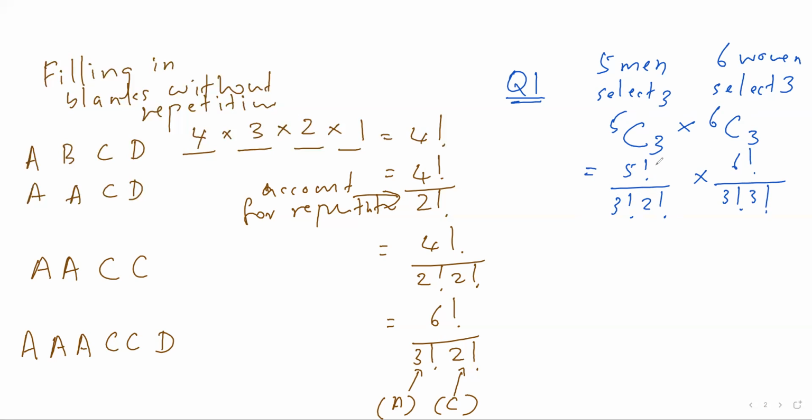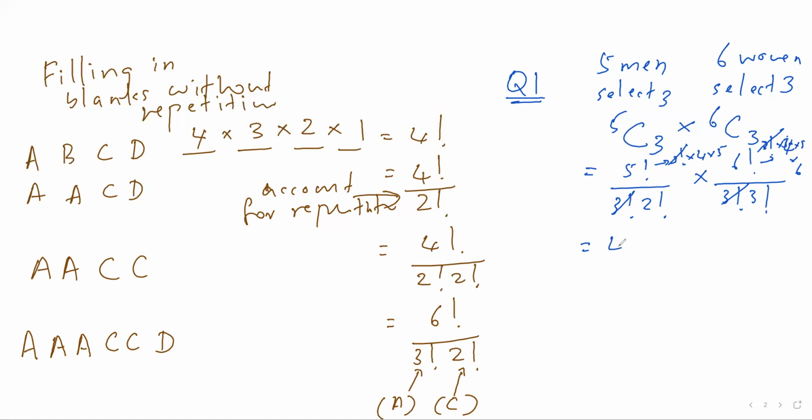Again, I would like to write this as 3 factorial times 4 times 5, and this as 3 factorial times 4 times 5 times 6. Okay, so this cancels, this cancels.